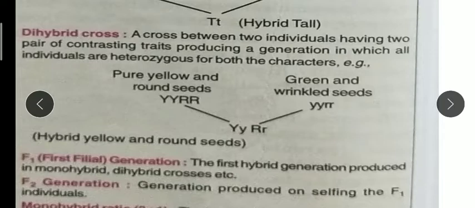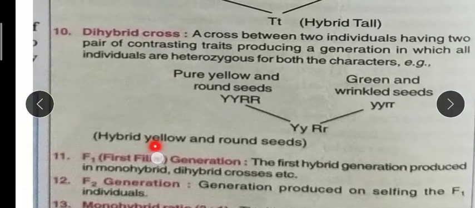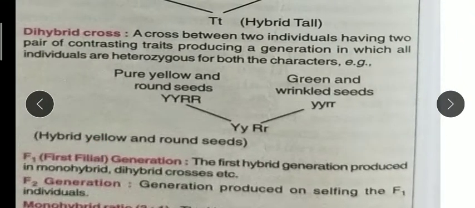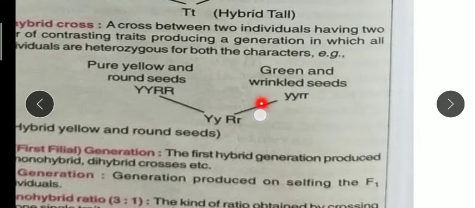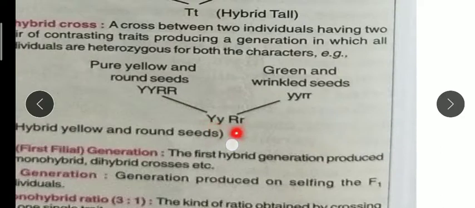When a cross is done between the two contrasting characters, it will produce a generation which is hybrid yellow and round seed. So in the F1 generation, it will produce the hybrid yellow and round gene, in which the same thing happens: the dominant gene will rule.